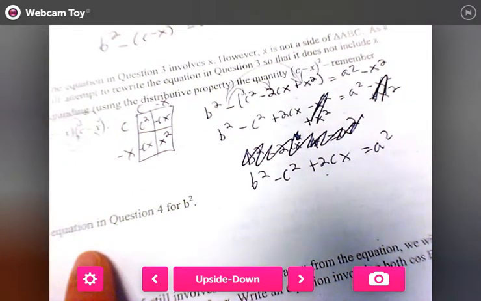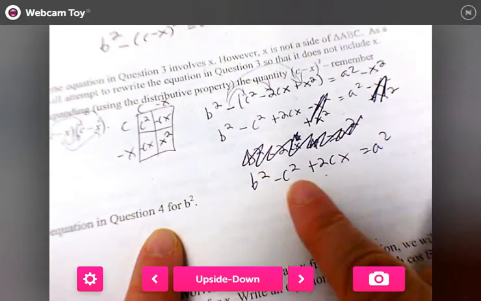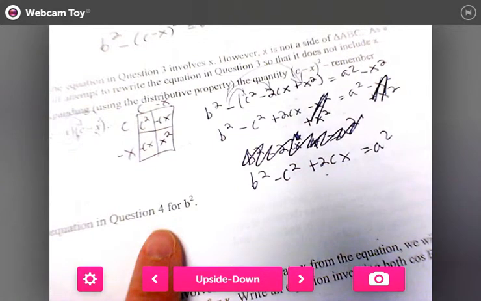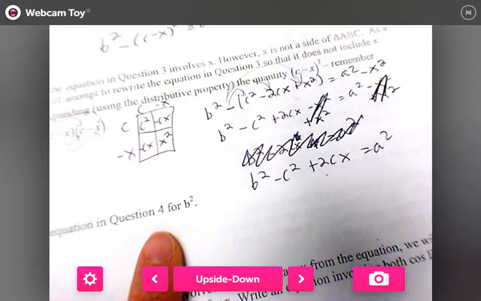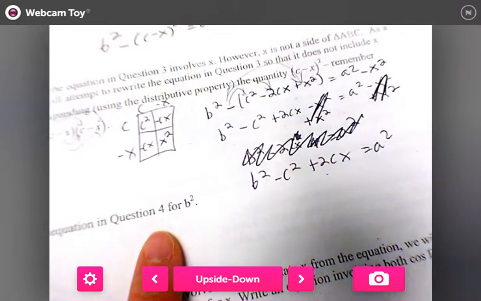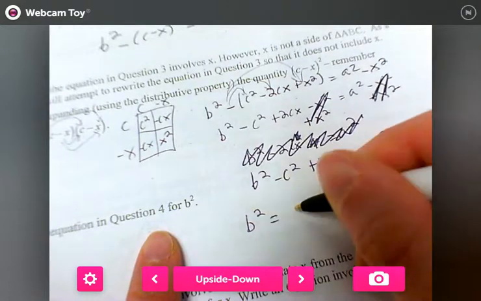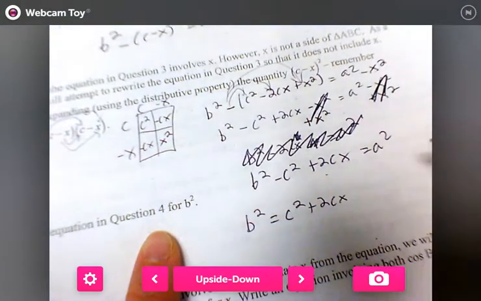Now it says it wants me to solve this equation for b squared. So I'm going to get all of these to the other side. Remember, I know this is complicated. Please write this down as I'm writing this down. I'm trying to show you that this comes from somewhere, not that you'll have to repeat this on a test or quiz. Law of sines and law of cosines you'll have to do on a test or quiz, but to derive this, you will not. So I end up with b squared equals c squared plus 2cx plus a squared.